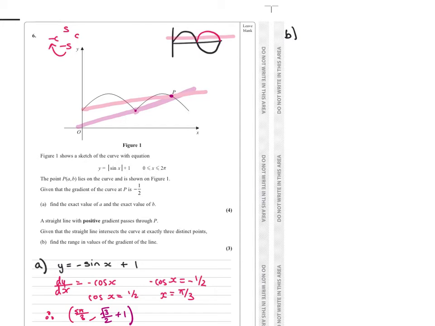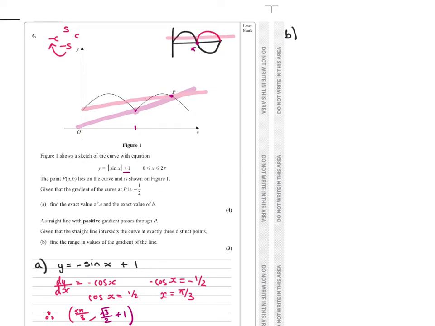So this coordinate here, how are we going to find this coordinate? Well, we've added 1 to the equation. If you think about the sine graph, this is pi, 0.